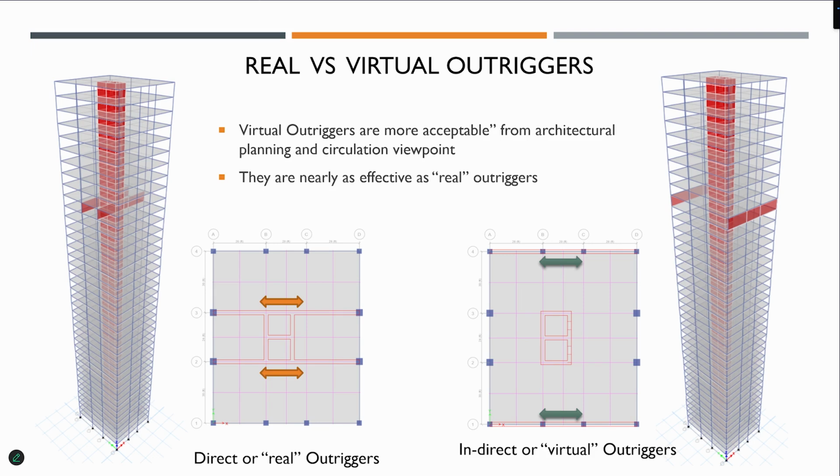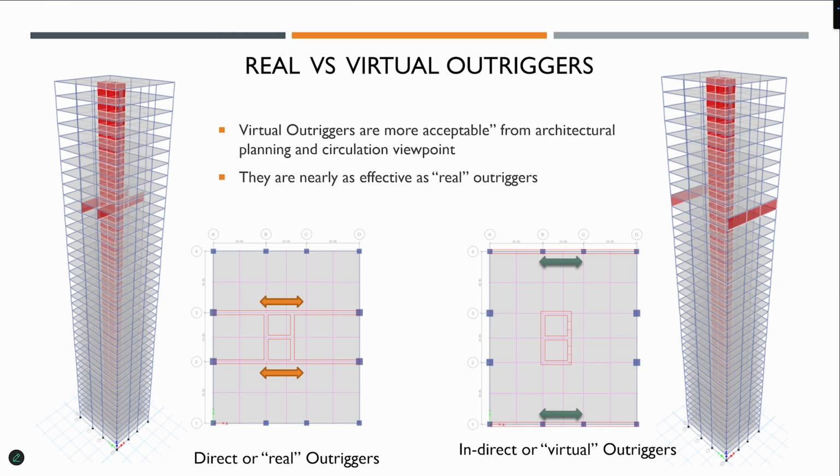So basically, this is the real outrigger here between the wall and the outer column. But if you just move them to the outside instead of the middle, they are no longer blocking the space in the building. They have just been moved to the outside wall.